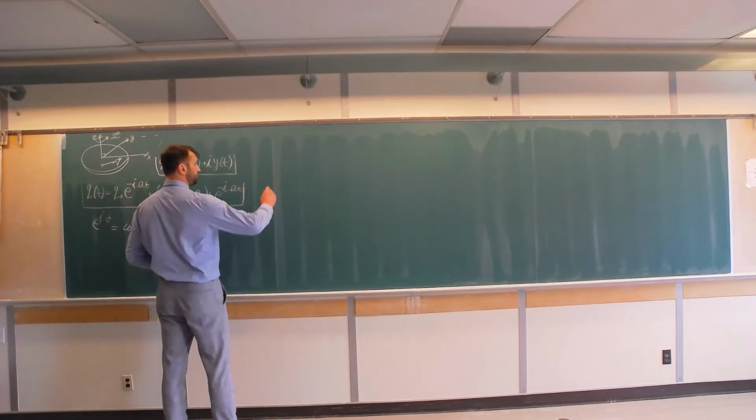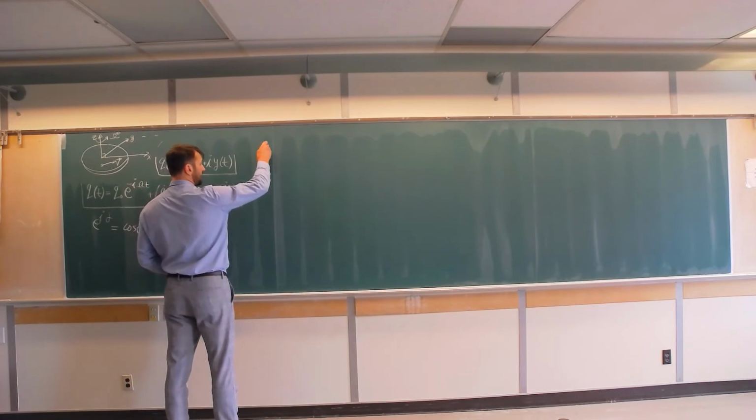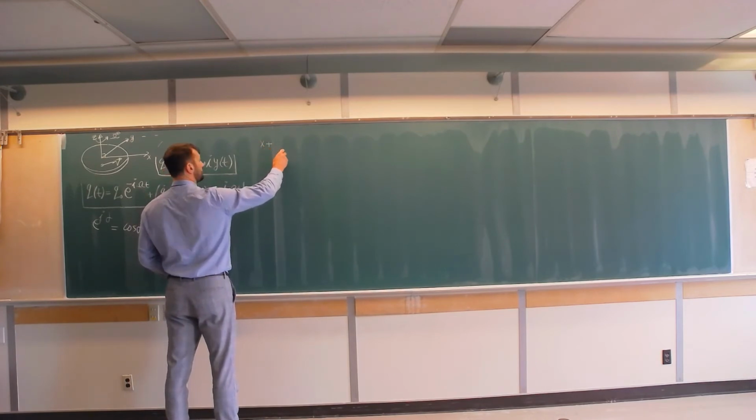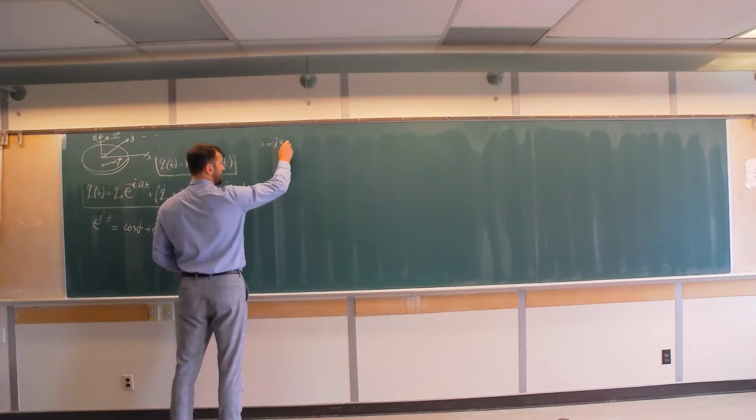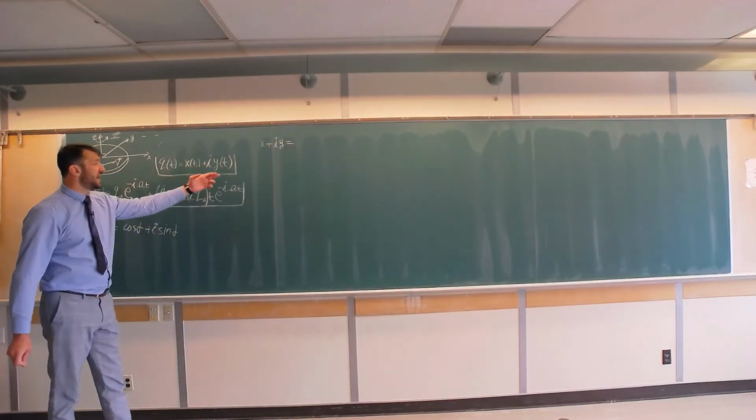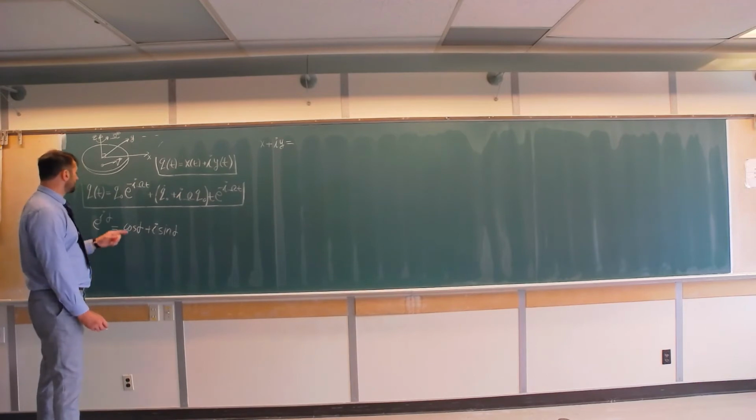So Q of t will be x plus iy, and I will omit the function of time, knowing implicitly that everything is a function of time.